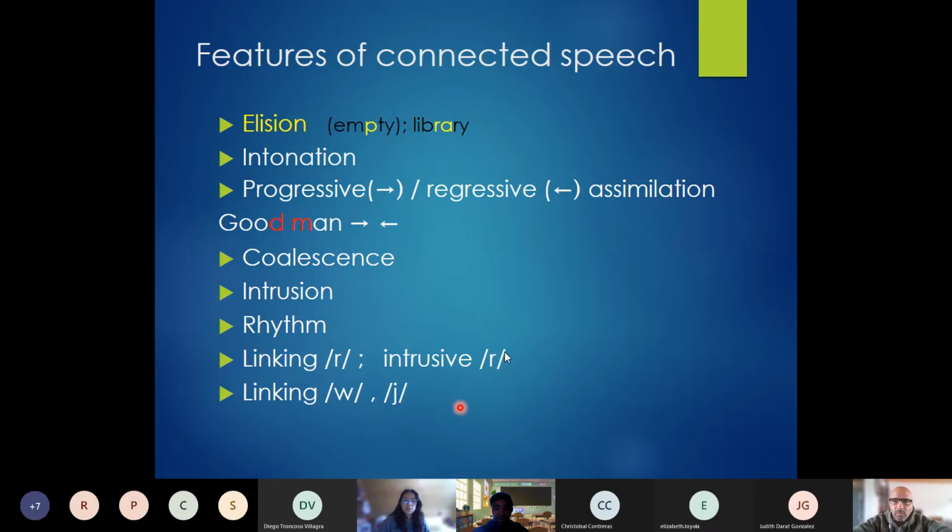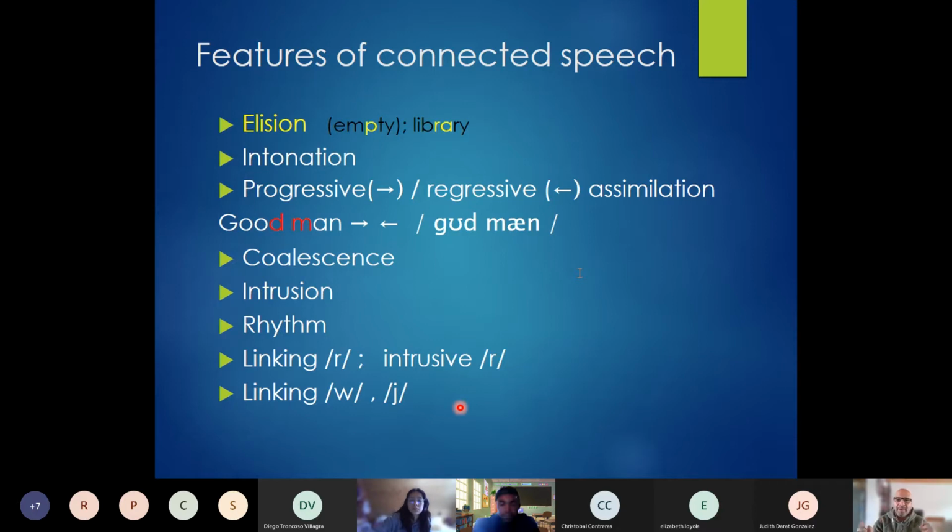Now, what about the rest of you? Would you like to join the analysis, the conversation? I have the phonemic transcription of "good man". When you say it very slowly and very carefully pronounced, right?